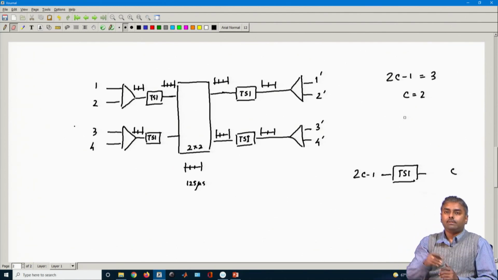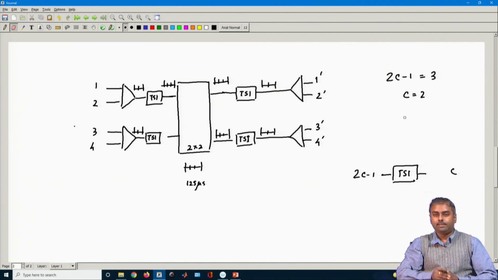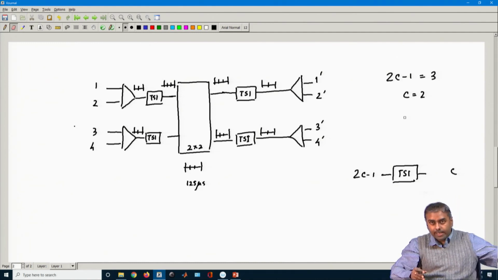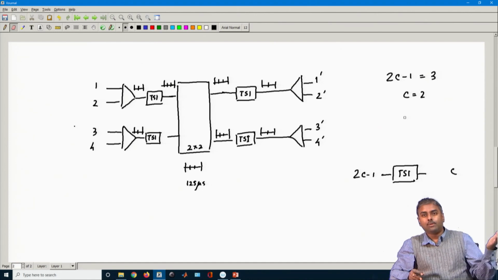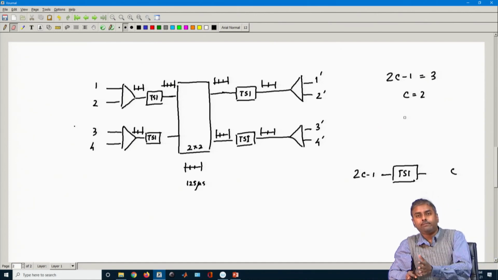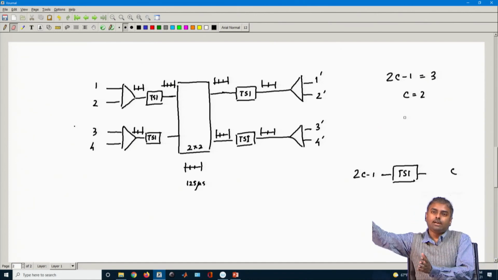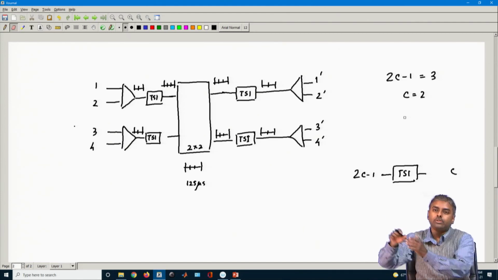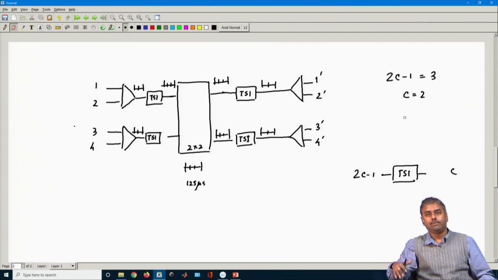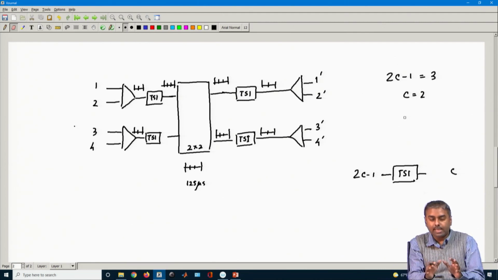I will be writing C number of bytes. So, while writing I have to write it faster, while reading at the output I will be reading a little slower with C number of bytes in 125 microsecond. So, that is the TSI we will be now designing.